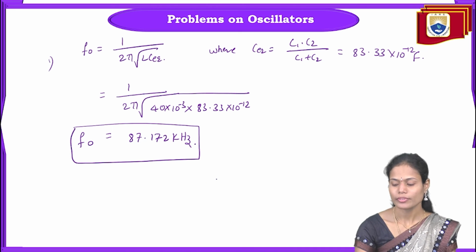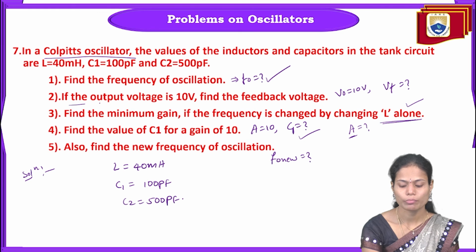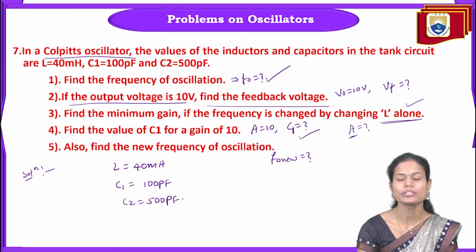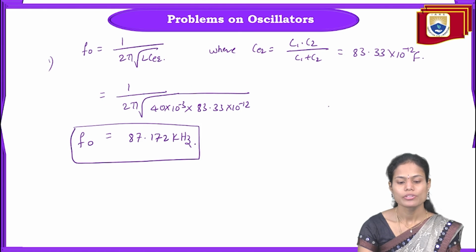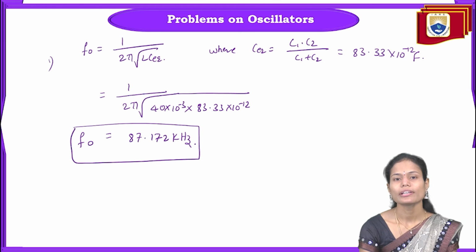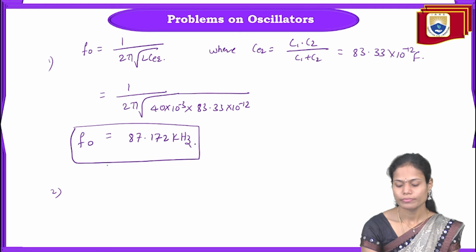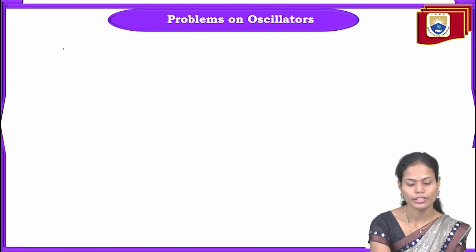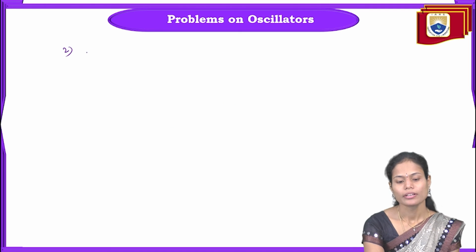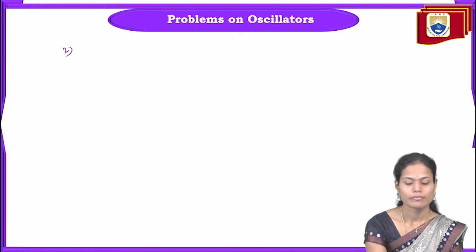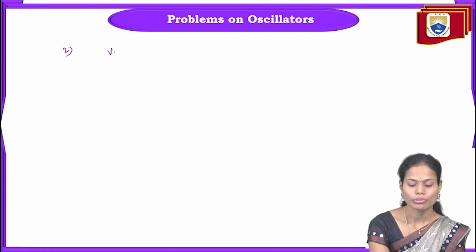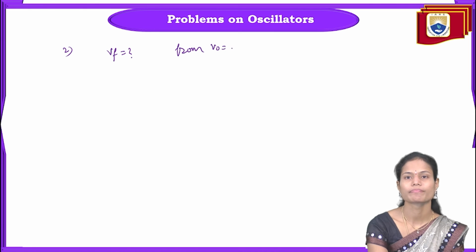Next, the second bit: if the output voltage is 10 volts, how much is the feedback voltage? Here we need to calculate the feedback voltage from the output voltage.